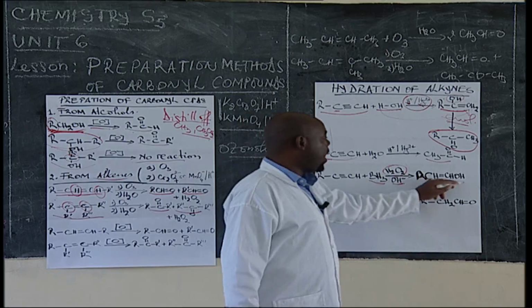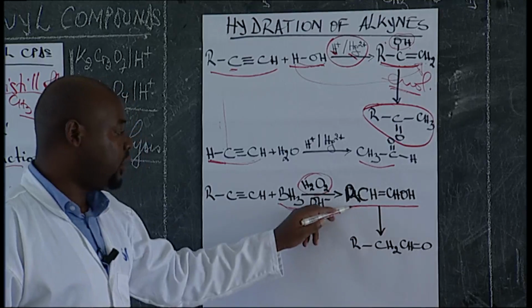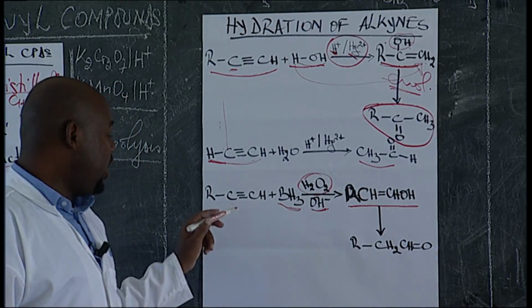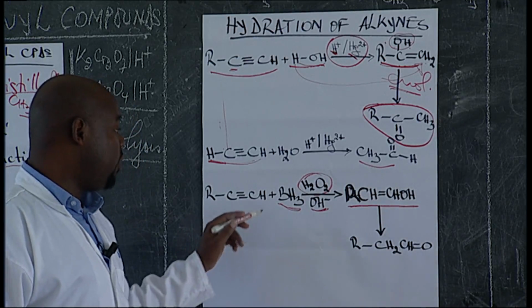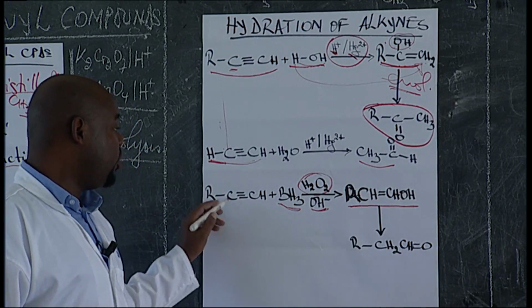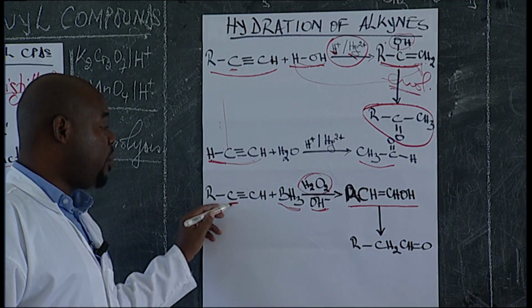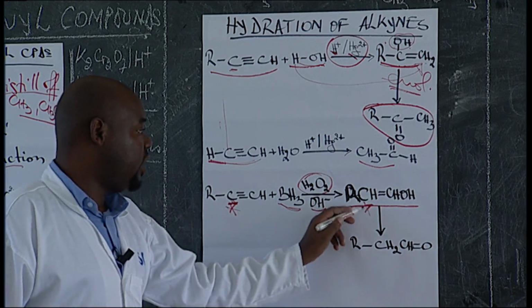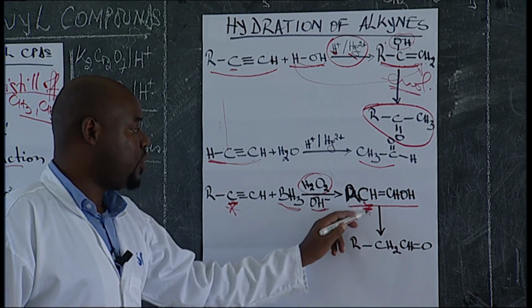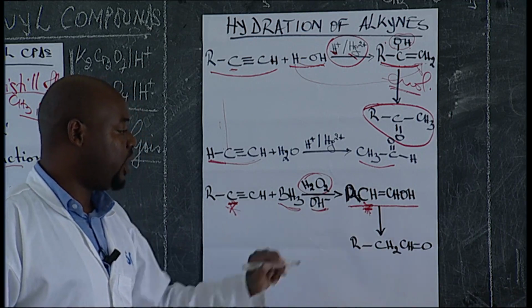We produce an anti-Markovnikov product. The anti-Markovnikov product means that we will place the hydrogen on the less hydrogenated carbon. It's here. See, this carbon is the one which has taken the hydrogen. So this is the anti-Markovnikov product.